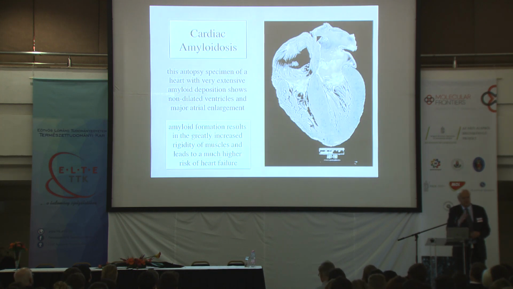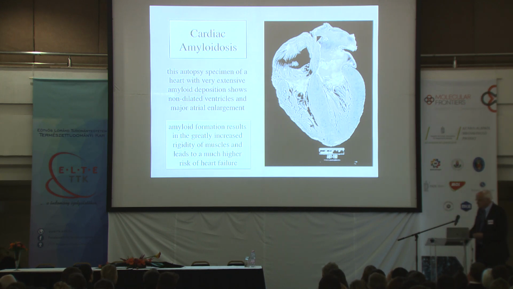Just to give you another example, another type of disease is so-called cardiac amyloidosis, where amyloid deposits occur in the heart. And it's been recognized recently that perhaps 25% of elderly people who suffer from heart failure have it exacerbated by the fact that these deposits restrict the movement of muscle tissue in the heart.